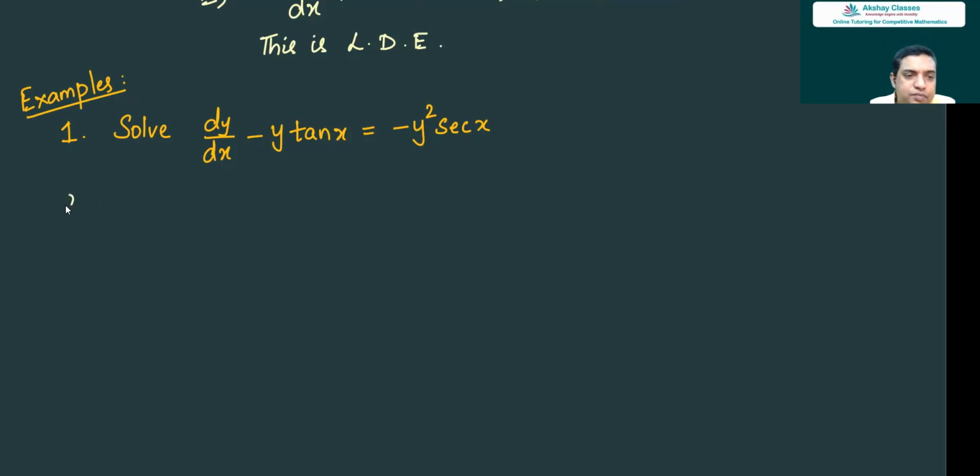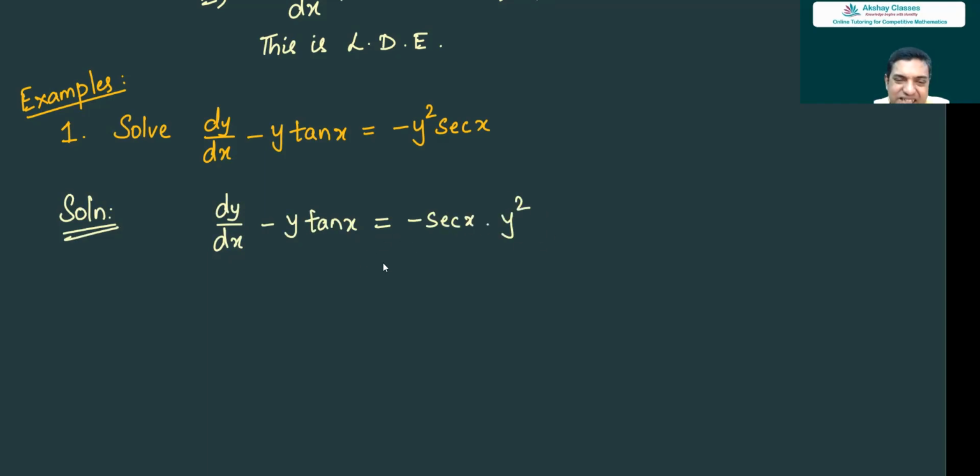Here we see dy by dx minus y tan x, and we have minus secant x times y square, y power n.